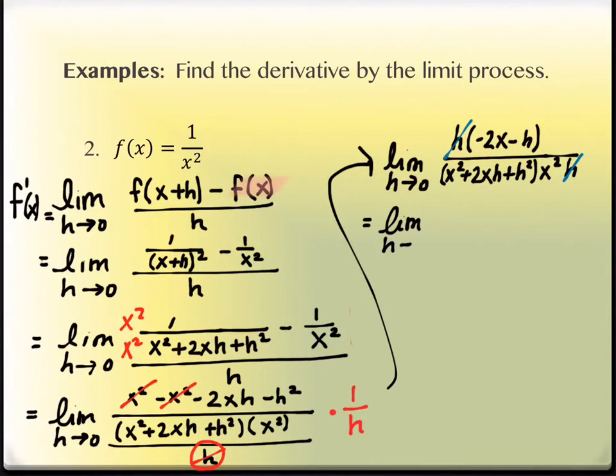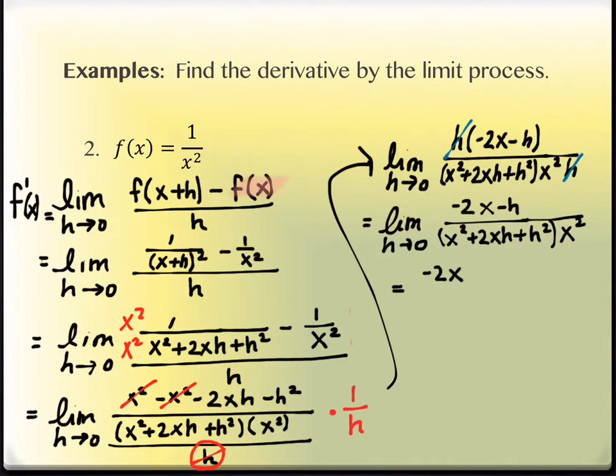Let me rewrite one more time what we have just to clean it up a little bit. If you don't want to do this rewriting step, that's totally cool. I have negative 2x minus h over x squared plus 2xh plus h squared times x squared. And now we actually have the ability to plug in 0 for all my h's. So what's my numerator going to give me?